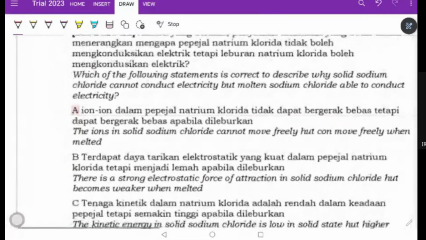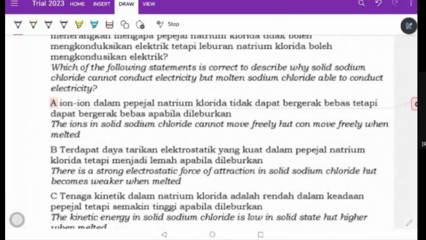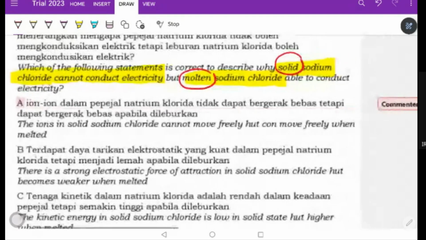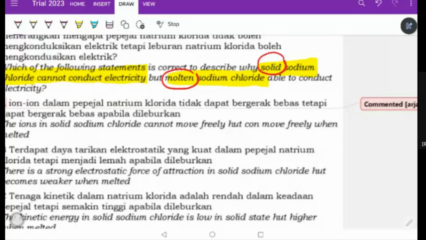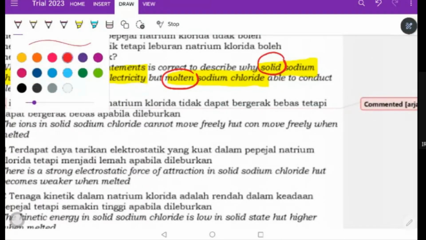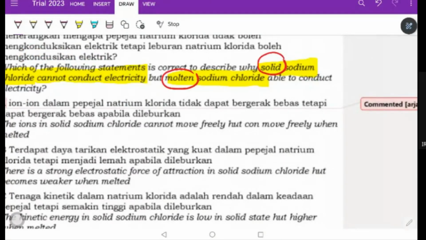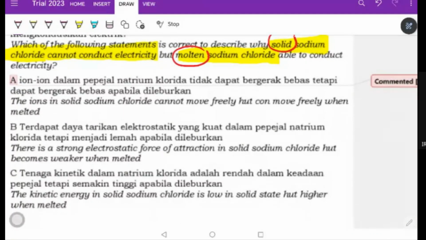Okay, next. Which of the following statements correctly describes why solid sodium chloride cannot conduct electricity, but molten sodium chloride is able to conduct electricity? One is in the solid, but one is in the molten. Just now I explained already. Same concept, right? Freely moving ions.